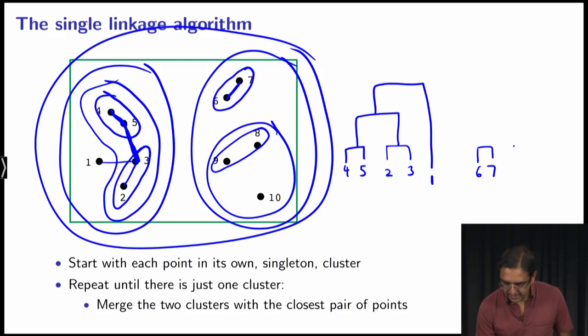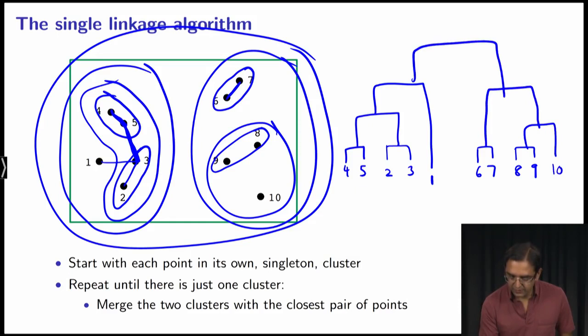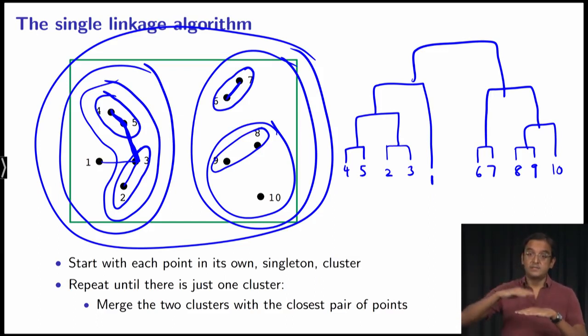And then we did 8 and 9. Okay, and then we added 10 to it. So the tree looks something like this. Sometimes one assigns special significance to the heights of different points in the tree, but I'm not doing that over here. Okay, so this is the final hierarchical clustering of the data as found by single linkage.